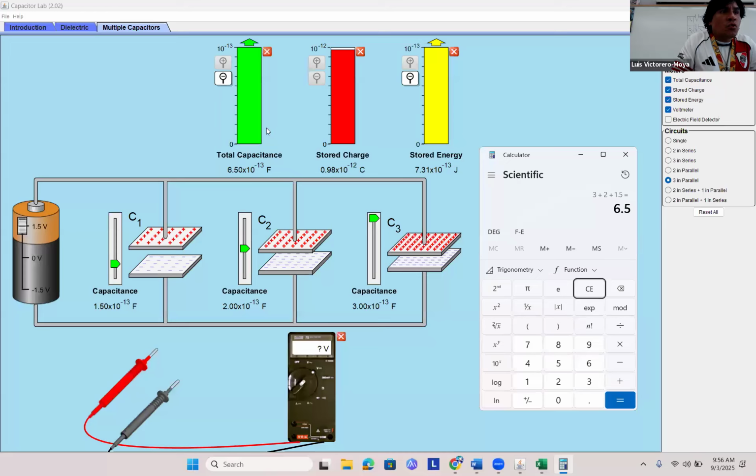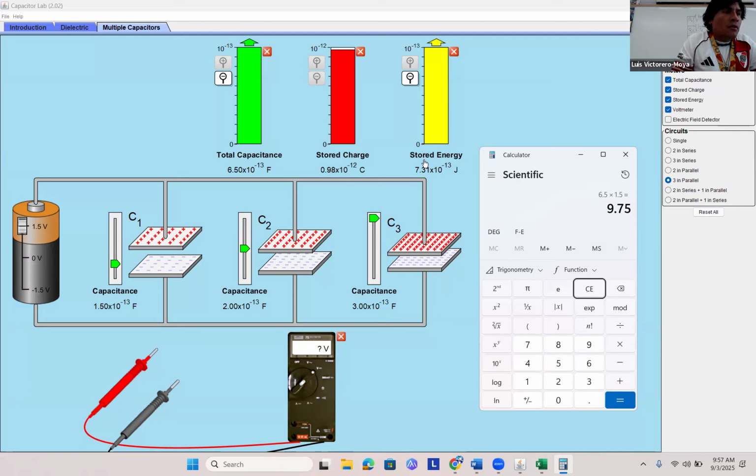And to find the total charge, you will see this times V. And that would be 9.75 times 10 to the negative 12, or 0.975 times 10 to the negative 12. This should be 10 to the negative 13, sorry, and then 10 to the negative 12. You divide by 10 here, okay? And that's how you compare the values. Very easy.